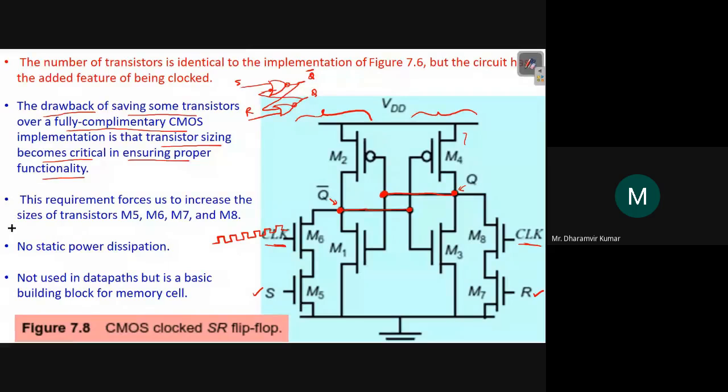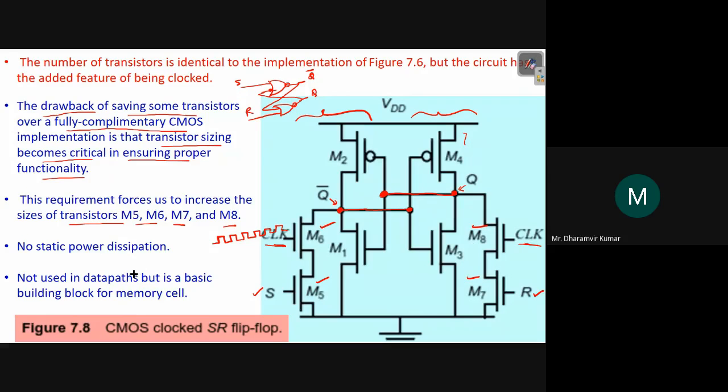This will force us to increase the sizes of the transistors M5, M6, M7, and M8.